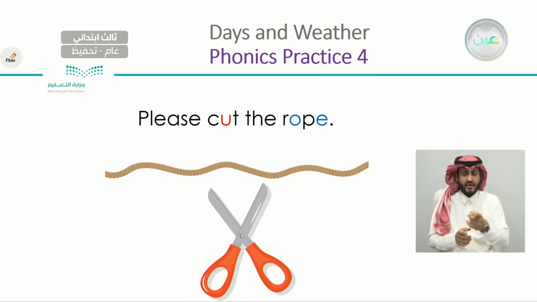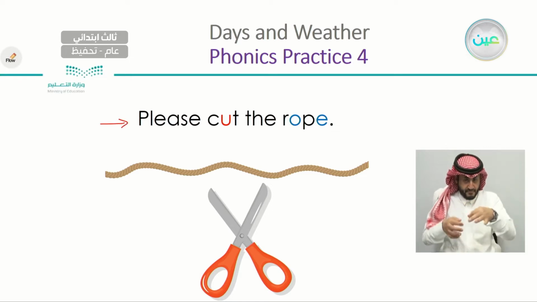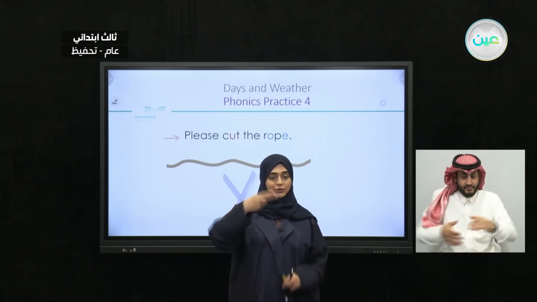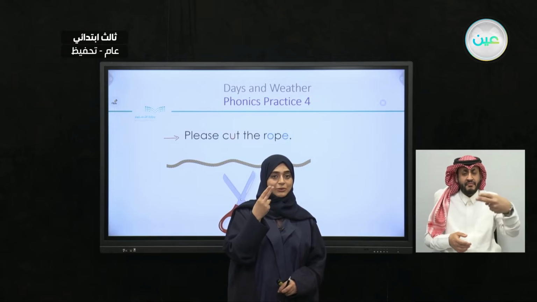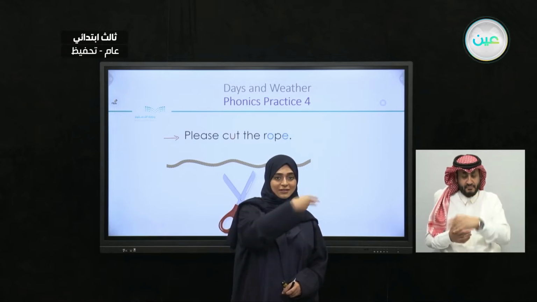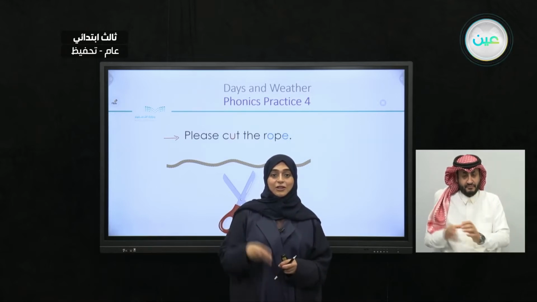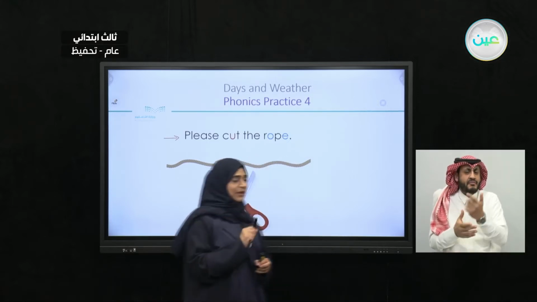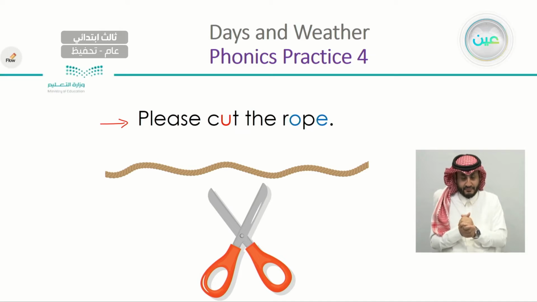What does it say here? Please cut the rope. Show me your two fingers like this, as if it's number 2. Cut, cut, see? So cut has a short U sound. Please cut the rope.